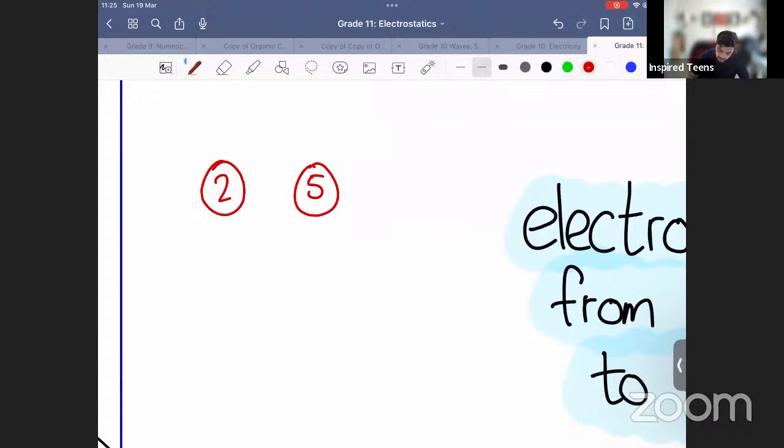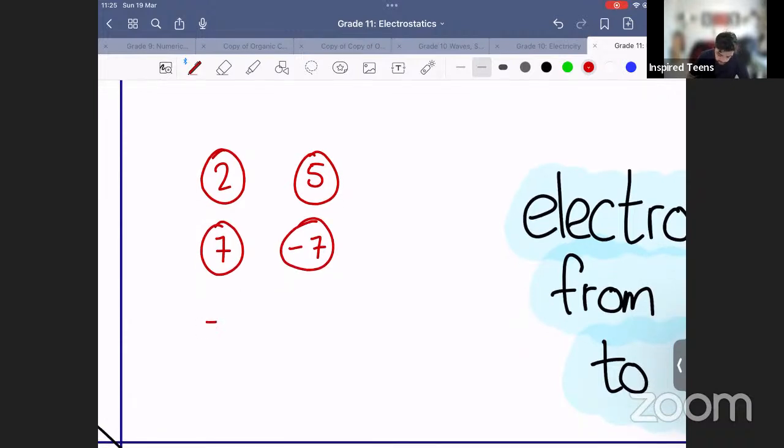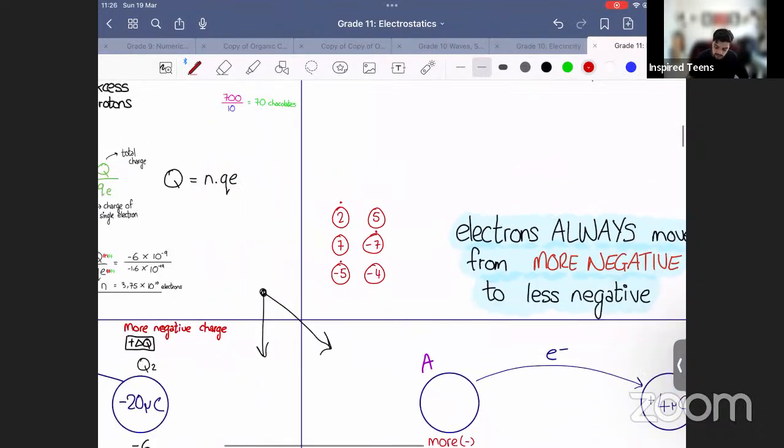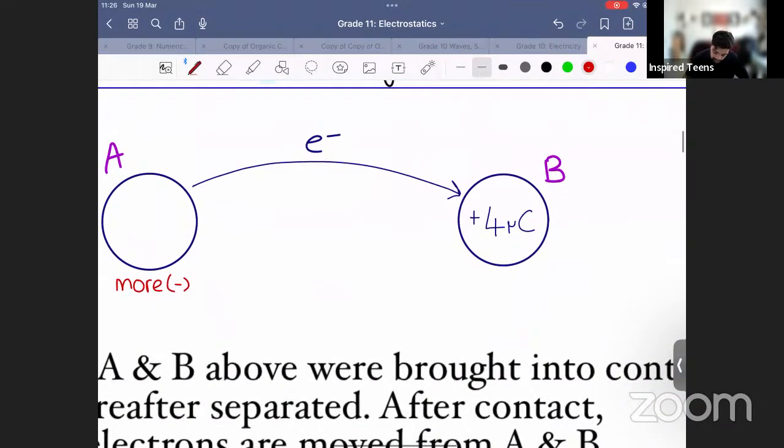What's more negative between 7 and negative 7? And between negative 5 and negative 4? Negative 7, correct. And between negative 5 and negative 4? Negative 5, excellent. Okay, so we understand what more negative means. So A is more negative and B is less negative.